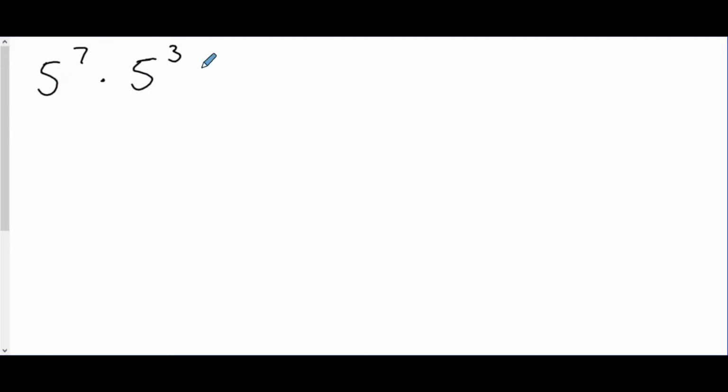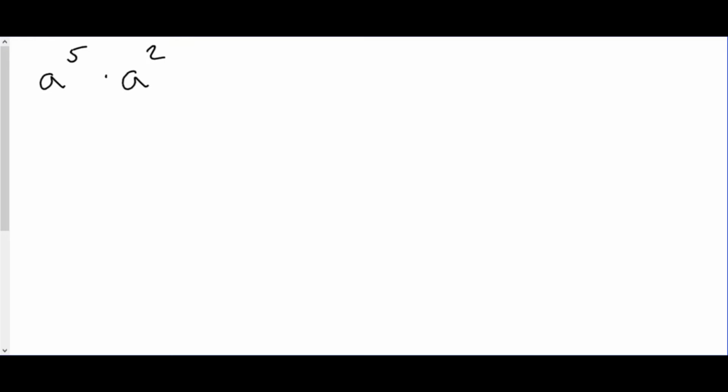And then I've got 5 times itself 3 more times. So altogether, how many times am I multiplying 5s? 10 times. Again, I keep the base the same and I add my exponents, and 7 plus 3 is 10. And we're just going to go ahead and leave it like that. You could, of course, evaluate this on your calculator if they asked you to.